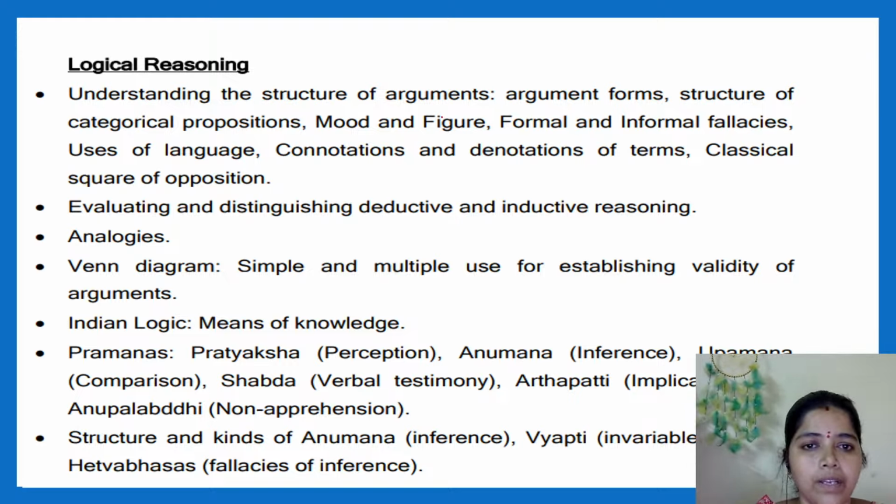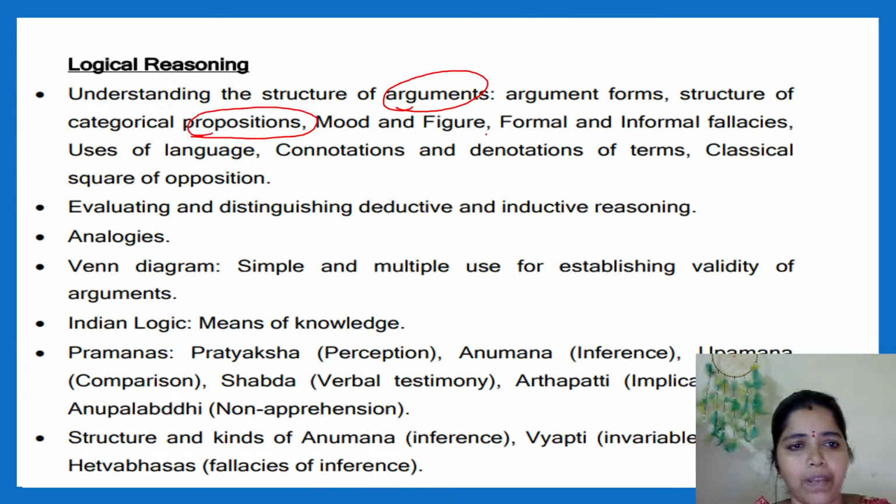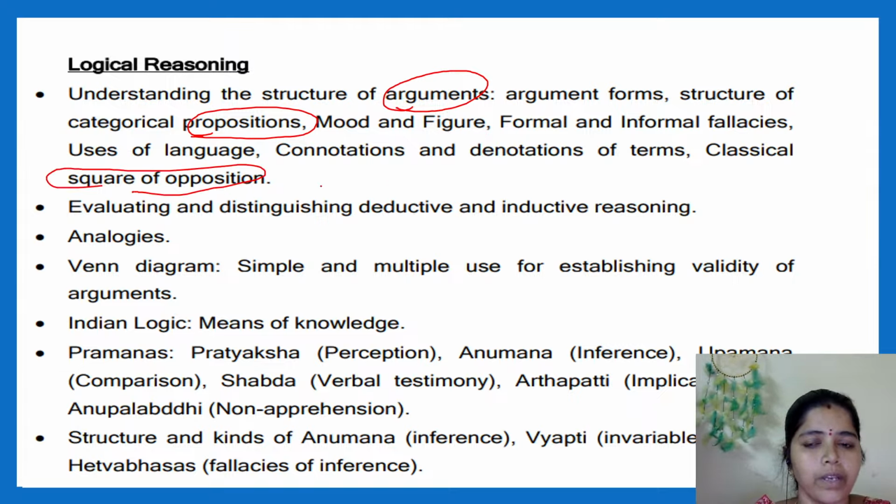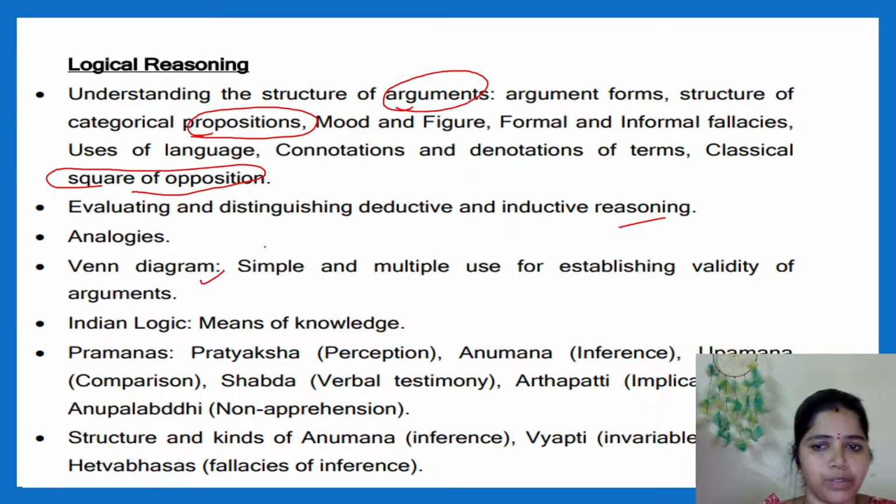For example, we are supposed to know about arguments and propositions, and we will go to the square of opposition. Then we'll be doing reasoning. From there, with the help of Venn diagrams, we'll be solving square of opposition problems.